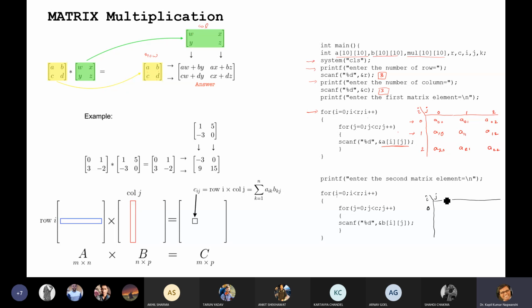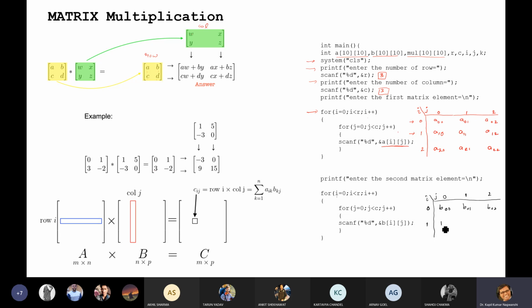For j equals 0, the element we need to use is b00. Then j equals 1, b01. Then j equals 2, b02. Now this loop will exit and it will go to for loop number 1.